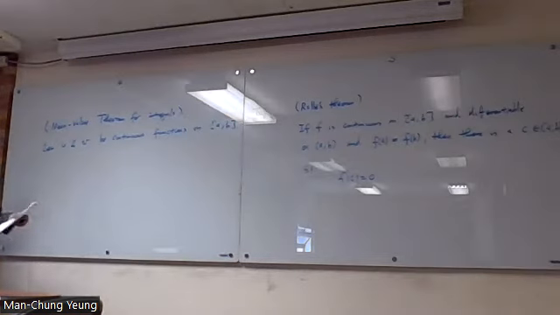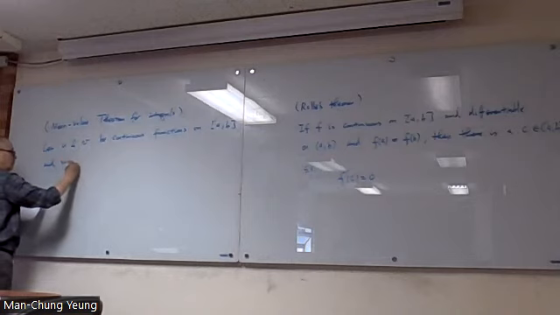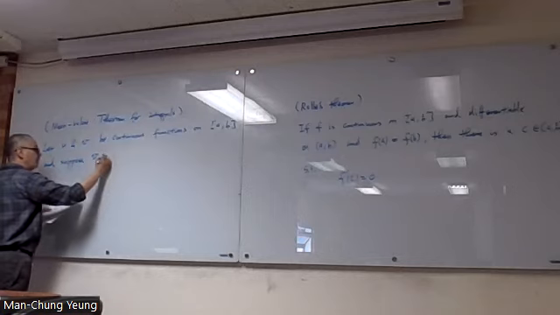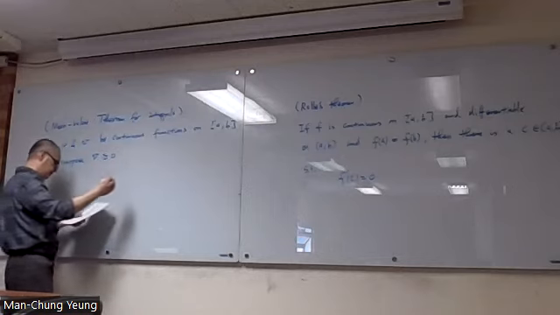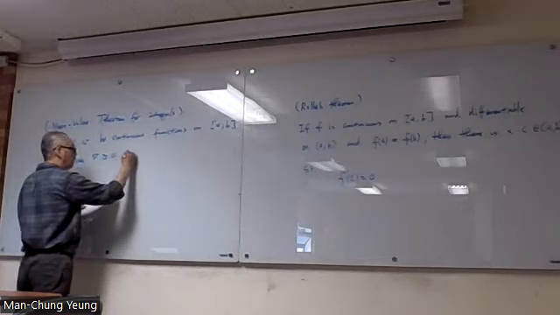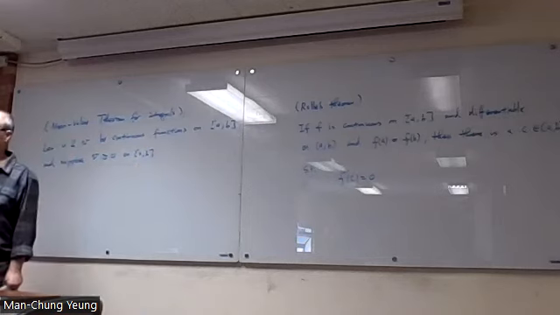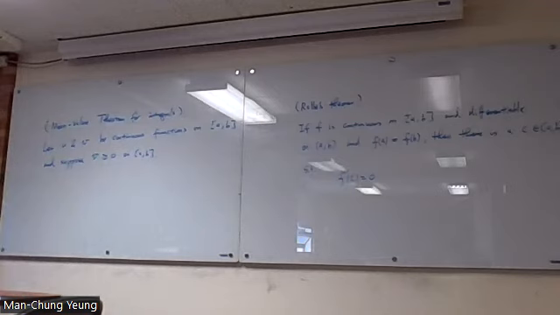And suppose function v is non-negative everywhere on the interval AB. So between A and B, the graph of function v is non-negative, above the x-axis.